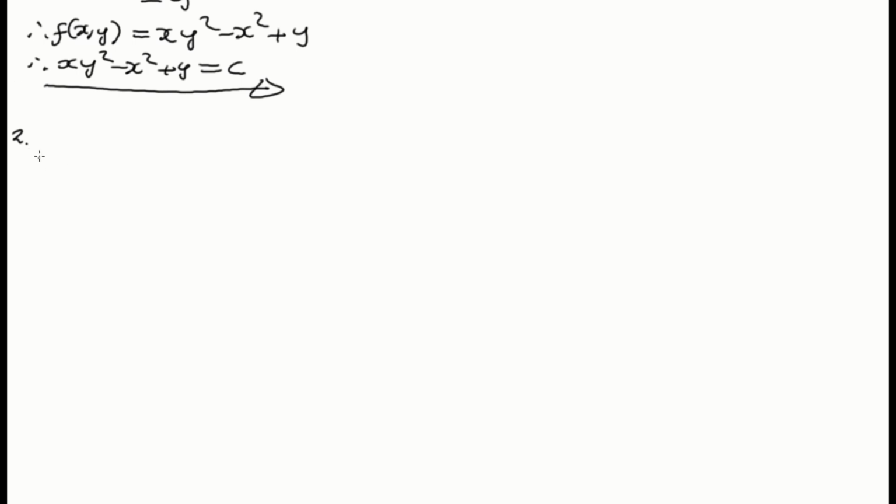So we have 2xy minus 9x squared plus the open brackets, 2y plus x squared plus 1, dy over dx is equal to 0.